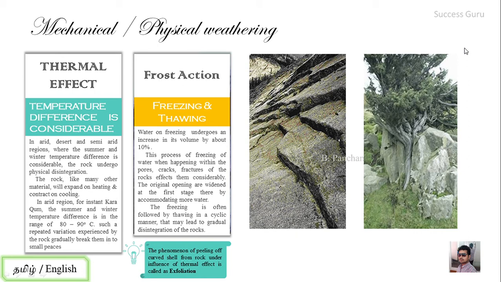Freezing of water within the pores, cracks and fractures of the rock affects them considerably: the original openings are widened at the first stage, accommodating more water, and the openings become wider as days pass. Freezing is often followed by thawing in a cyclic manner, which may lead to gradual disintegration of the rocks. This is how frost action takes place.